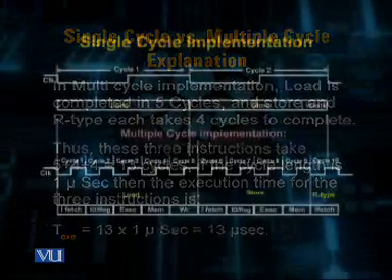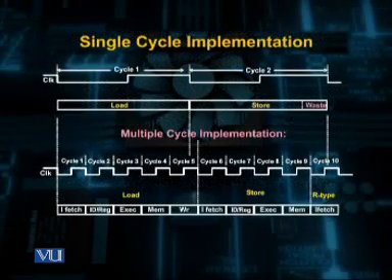Here, if you look into this diagram, you can see that during the execution of the load instruction through the single cycle data path, no time wastage is there, whereas in case of the store instruction, the single cycle data path completes the operation in approximately 4 microseconds because it does not involve any memory read operation.